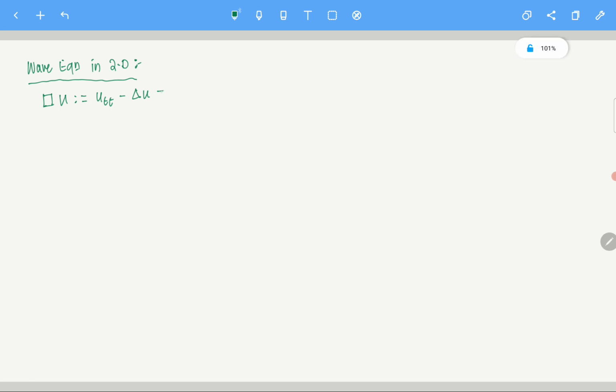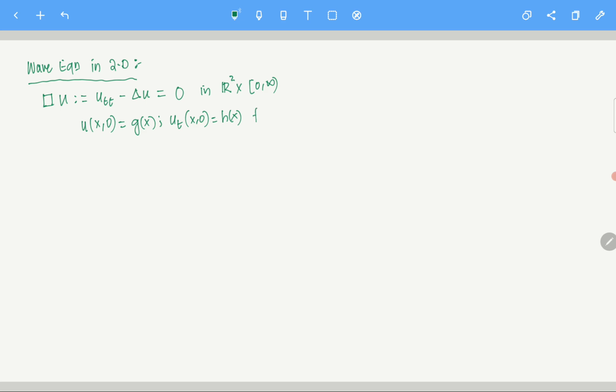So the problem which we want to solve today is the D'Alembertian of u equals 0 in R2 times (0, infinity). Clear? And what does u do on the initial base, t equals 0? u at the point (x, 0) equals some g(x), and u_t at the point (x, 0) is going to be h(x).